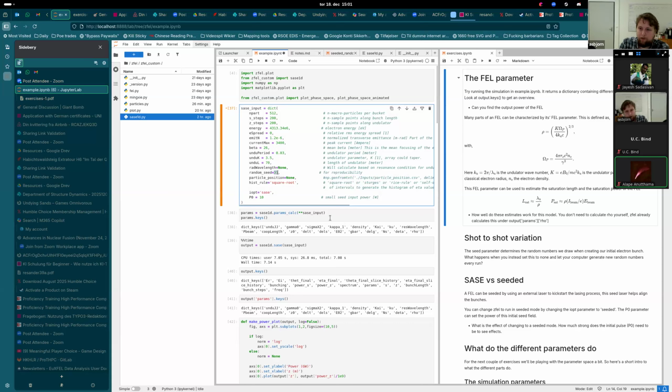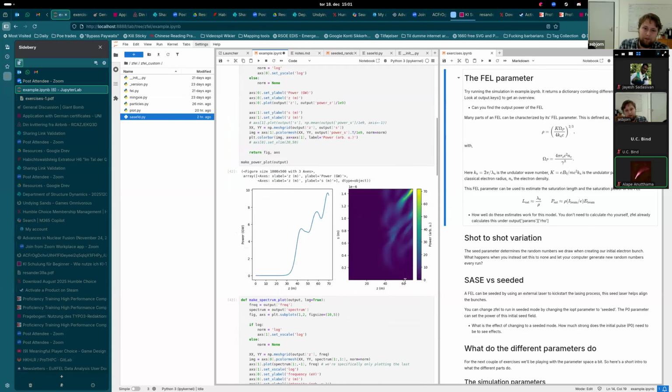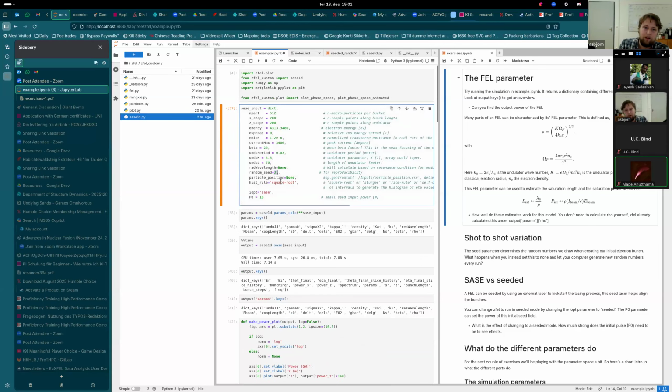If you have a seed, then basically the electron positions are slightly randomized in the beginning. If you have a seed, they are always randomized to the same position, so you get the same output curve. If you don't have a seed, they are random from shot to shot. But in the seeded mode, it also adds an additional low electromagnetic wave, right? Yes. Okay, so there are two seeds. The random seed is just used to set the random generator.